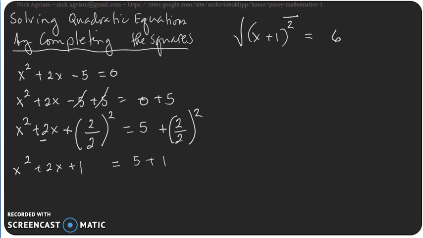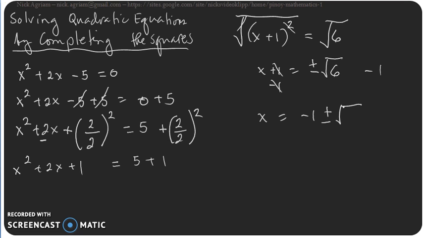Extracting the square root of both sides of the equation, then I have x plus 1 is equal to positive negative square root of 6. I should have started with a different number. It's alright. And then we have subtracting 1 from both sides of the equation. This one is 0. x is equal to negative 1 plus minus square root of 6.